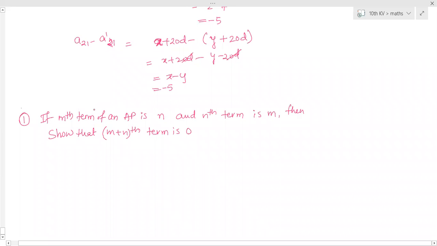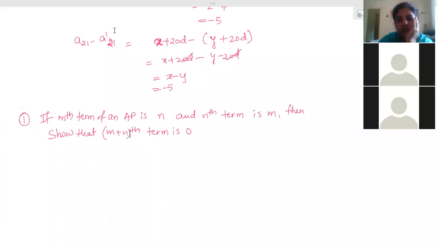Read the question first. First, try to analyze the question and then I will solve it, because if I solve it right now, you will not understand anything. What have they told?